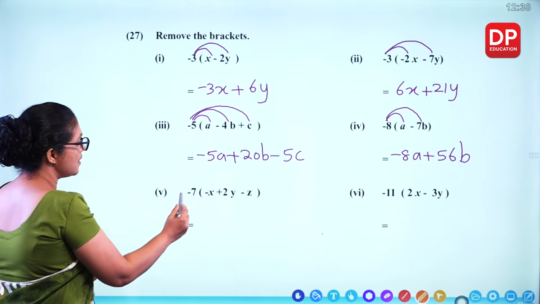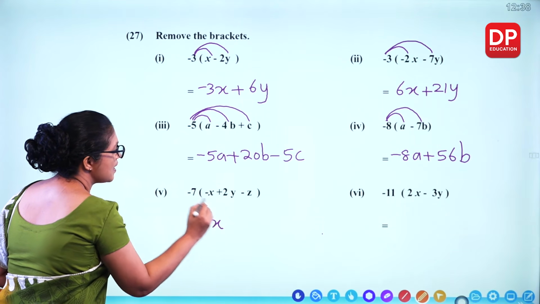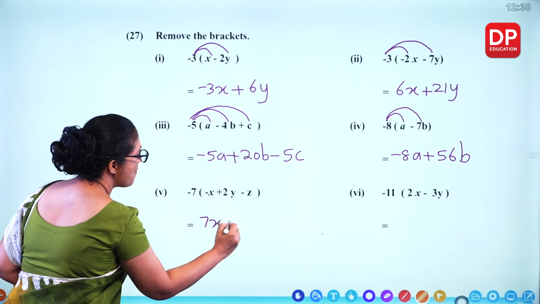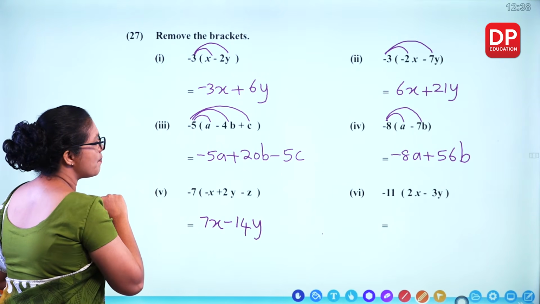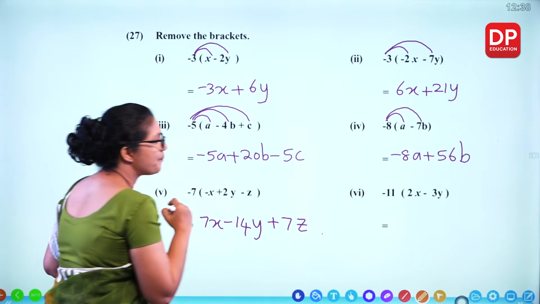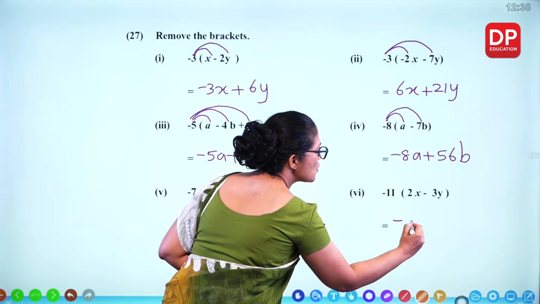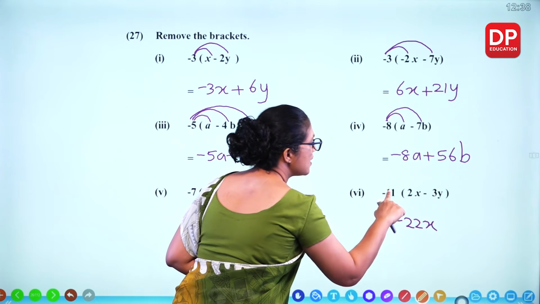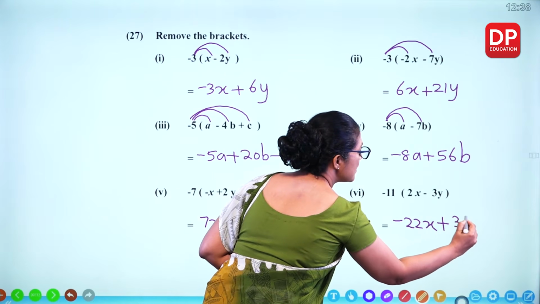Question number 5. Minus 7 into minus x, plus 7x. Minus 7 into 2y, minus 14y. Minus 7 into minus z, plus 7z. Here, minus 11 times 2x, minus 22x. Minus 11 times minus 3, plus 33y.